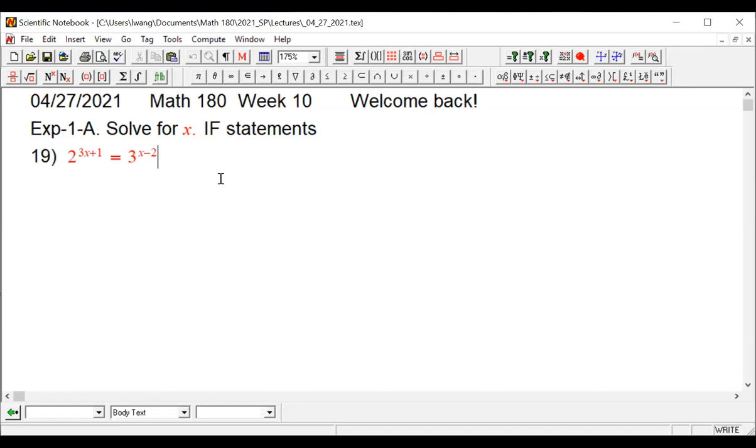When you take a logarithm, you have to take it with the same base. So either one is a good answer. We're going to end up taking a logarithm which is commonly available on the calculator, and my preferred one is the natural log.